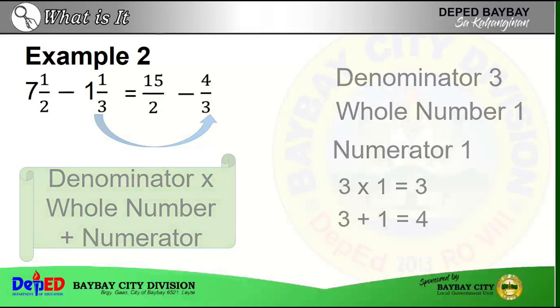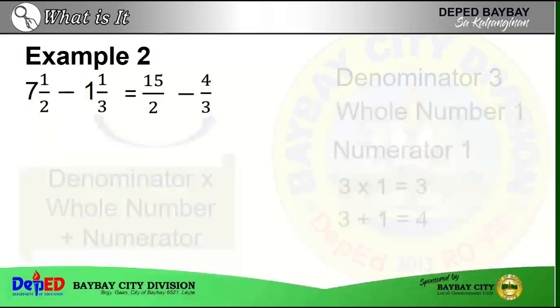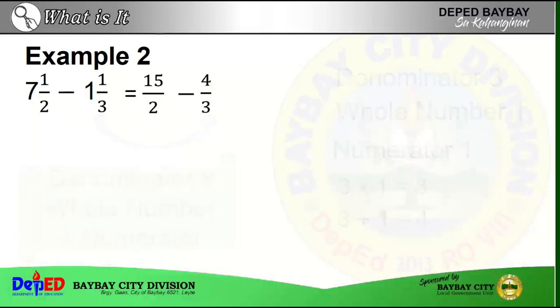Since we have already changed the mixed numbers into improper fractions, we can now apply the steps in adding and subtracting similar or dissimilar fractions. As we observed, the two fractions are dissimilar, so we have to get the least common multiple of the two denominators, 2 and 3, and that will be our LCD.